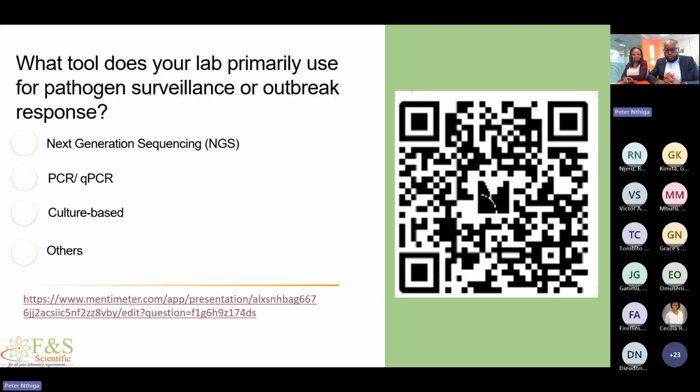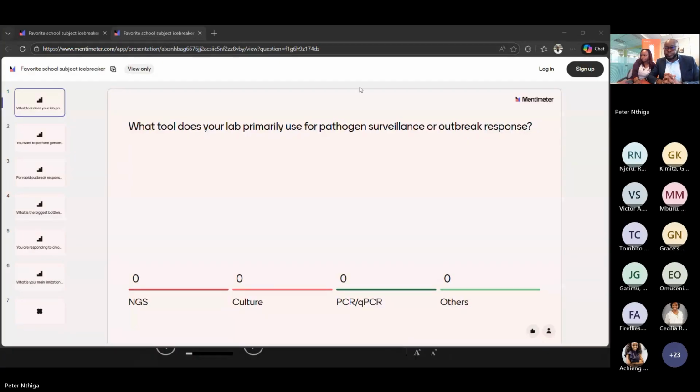Okay, I hope you have had time to quickly scan the QR code. So let's quickly have a look at the responses. Okay, I see there's some hands that have been raised.